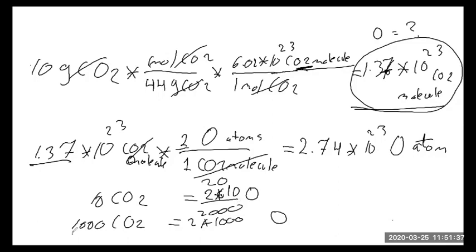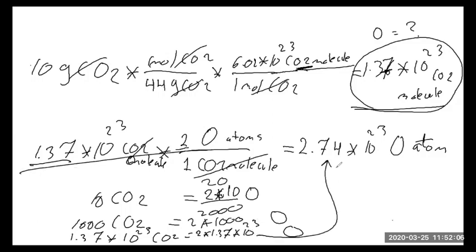Now, if I have 1.37 times 10 to the power 23 CO2, how many oxygen? It's 1.37 times 10 to the power 23 multiplied by 2, which is what we did here, and we will get the number. That's how we will deal with it.